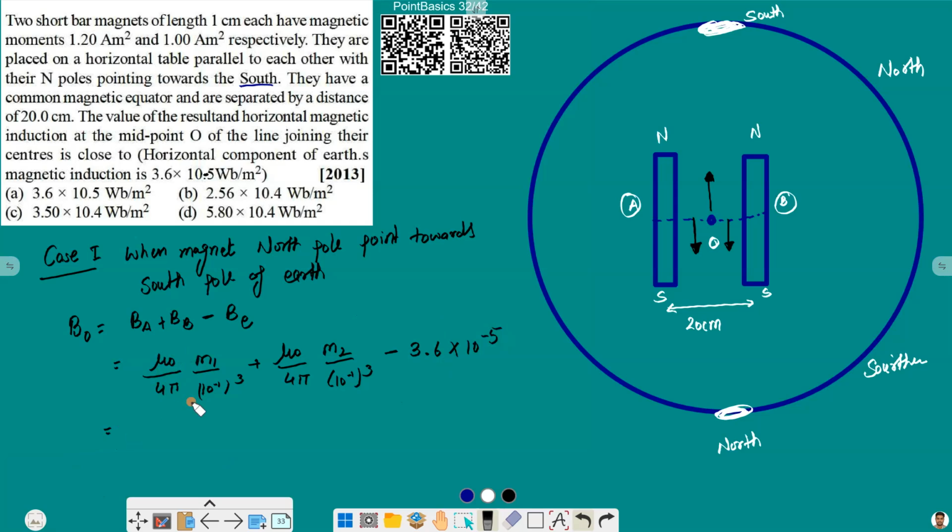So from here we can take mu naught by 4 pi common, that will be 10 raised to power minus 7 divided by (10 raised to power minus 1) cube, so 10 raised to power minus 3 times (m1 plus m2). M1 plus m2 is 1.2 plus 1, that will be 2.2, minus 3.6 into 10 raised to power minus 5.